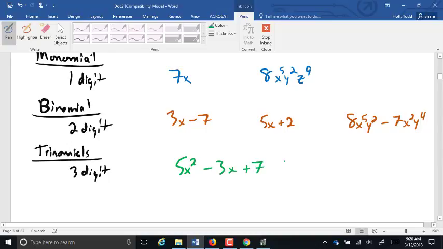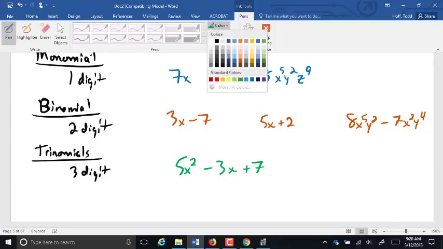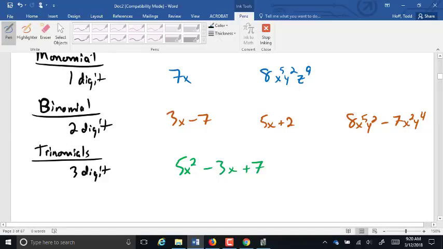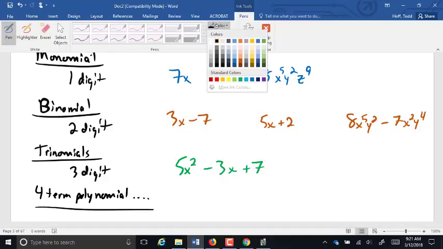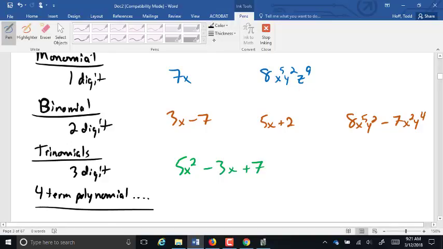And as we get bigger than a trinomial, we usually just say a 4-term polynomial or a 5-term polynomial, and so on. We're not going to work with too much more than 3 terms in here, just because that's the extent of the course.